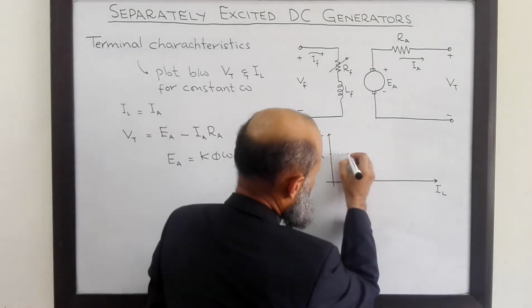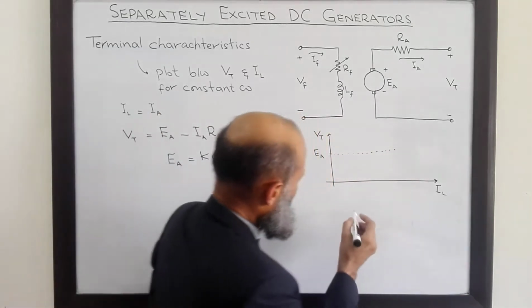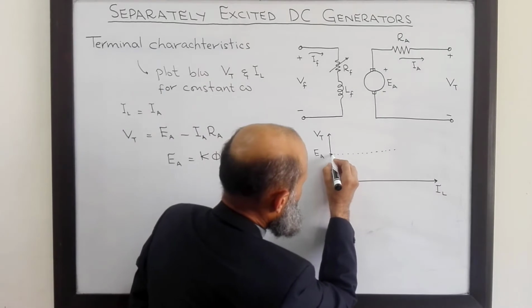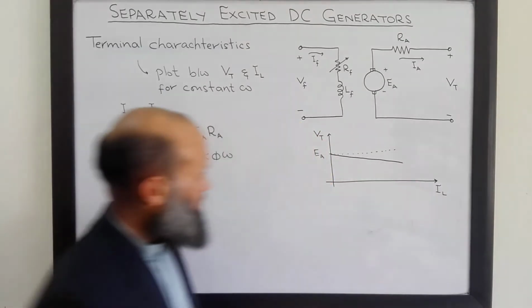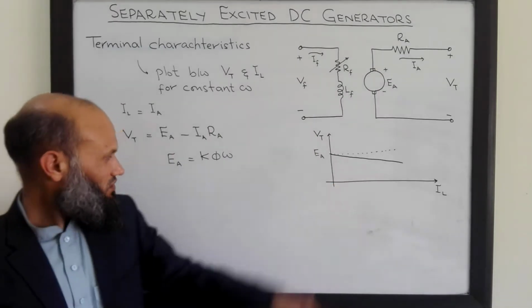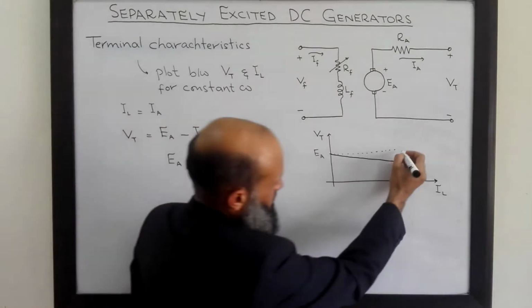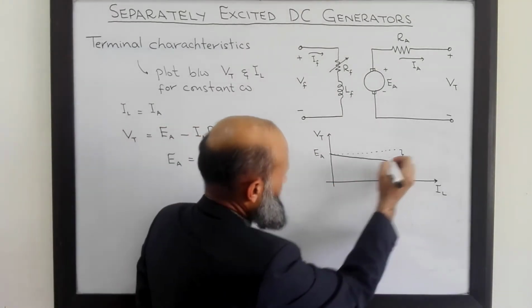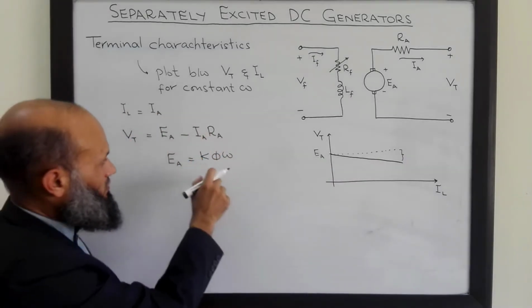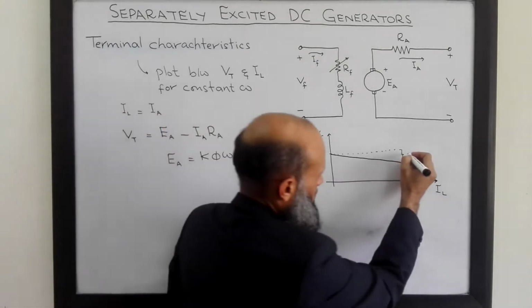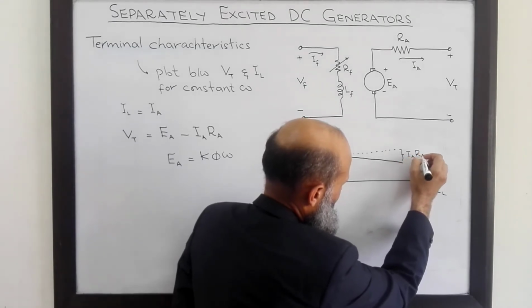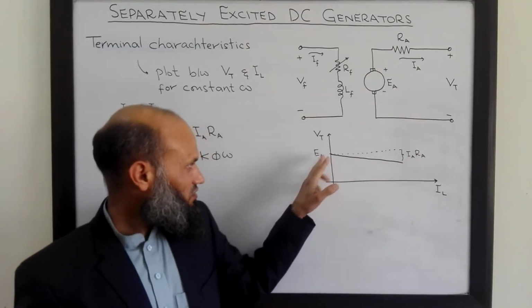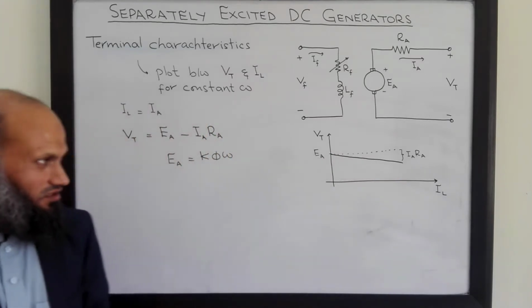So here we have a straight line, and this difference between EA and the terminal voltage is the drop IA RA. As we increase load current, the terminal voltage decreases.